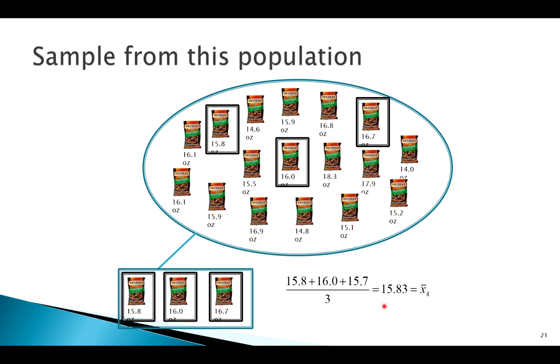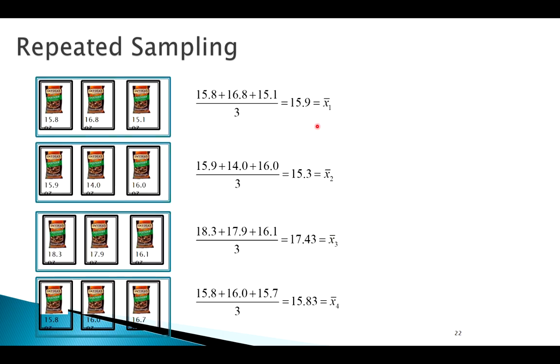Another one, 15.83. So we're repeatedly sampling 3 bags of pretzels from, say, 4 different vending machines. I noticed that I got different answers every time. Now our true value is 16. This one's a little bit less, quite a bit less, quite a bit more, and then again just slightly less.